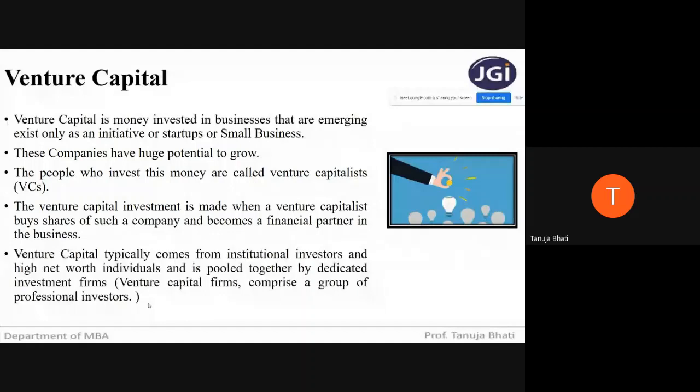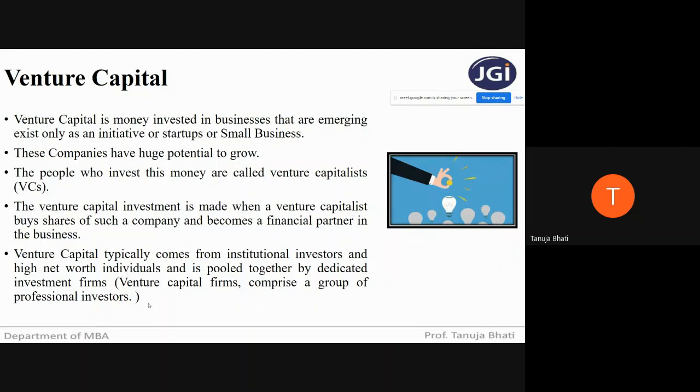Reason being, if some company is not financially doing well and they invest in venture capital, what happens? If the startup fails, their business will also fail. But if a high net worth individual invests in small startups, even if that startup doesn't do that well, they will still have financial stability.